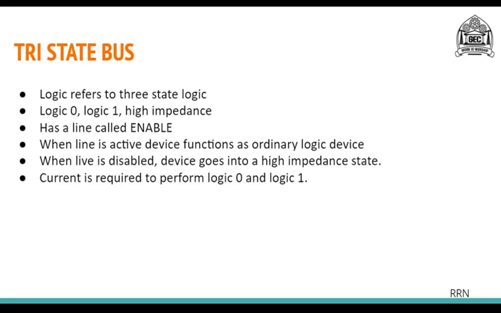High impedance state means it acts as if it is disconnected from the system. The more important function is that over here it uses the current which is required to perform logic 0 and logic 1 function. That is, the logic true and logic false function is performed using current.